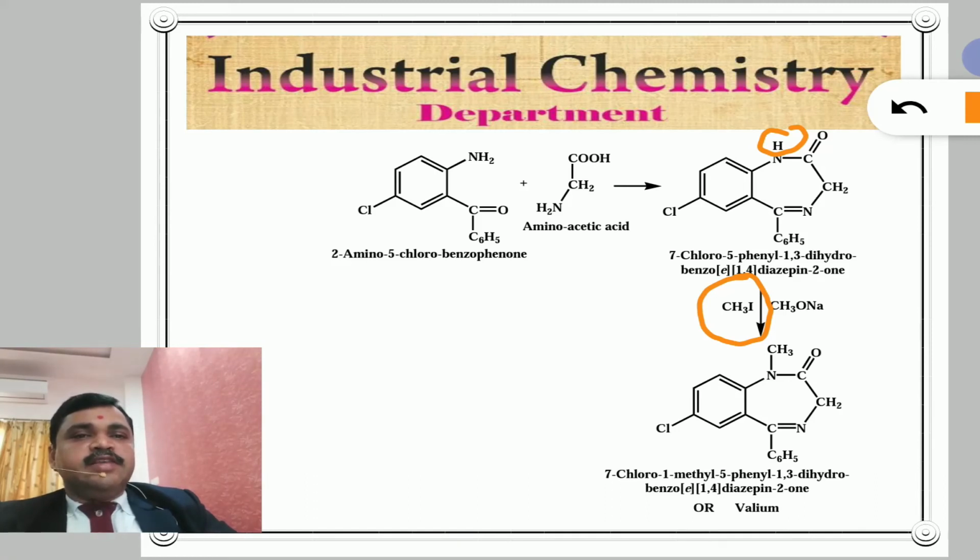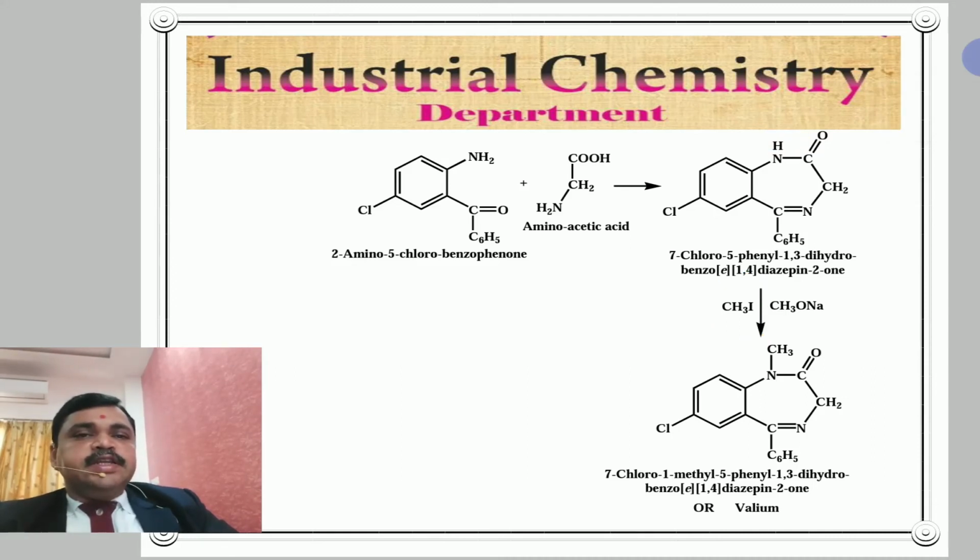This is the synthetic route of Valium from 2-amino 5-chlorobenzophenone and amino acetic acid.